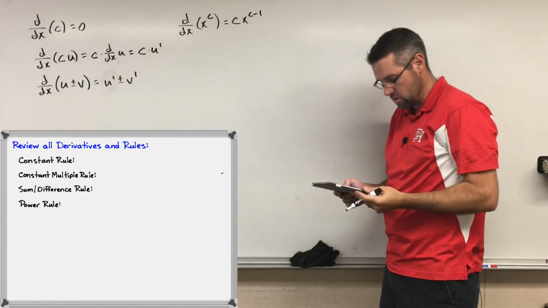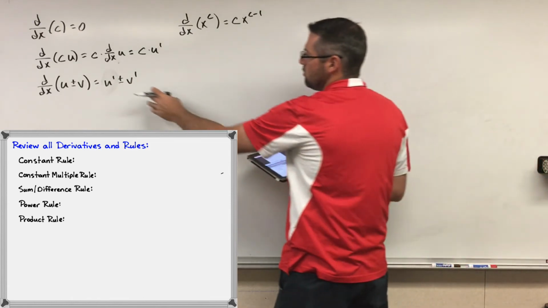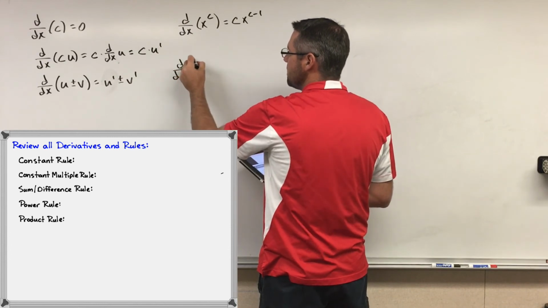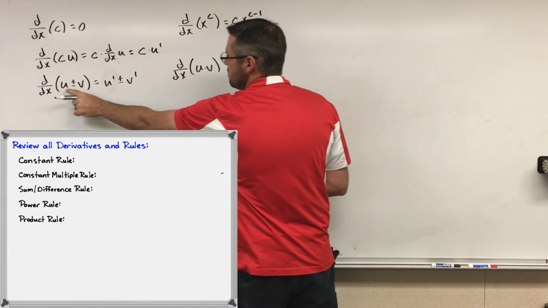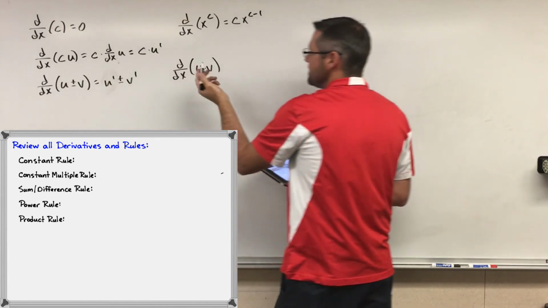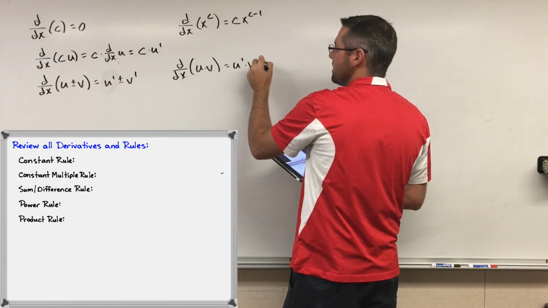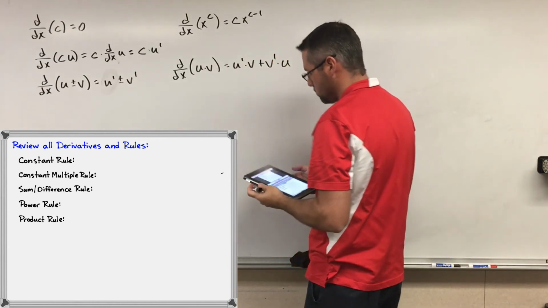So that's the derivative of a power. We have the product rule. Now the product rule will look similar to this in its setup, but the result is completely different. If I have a product, it's not going to be the derivative of u times the derivative of v. It's going to be the derivative of the first thing times the second thing plus the derivative of the second thing times the first thing. So that's the product rule.